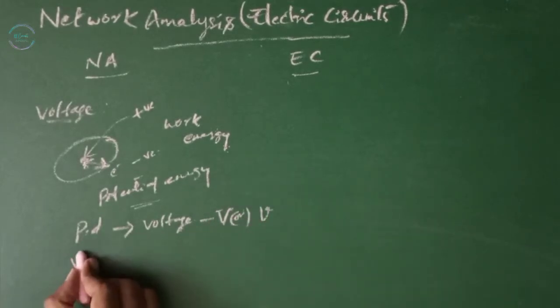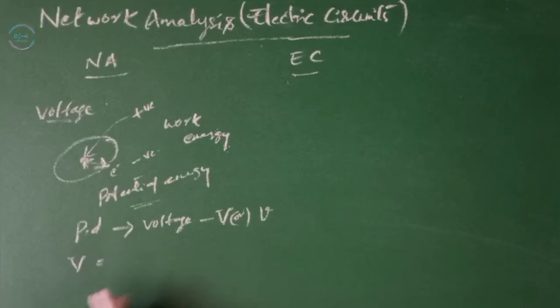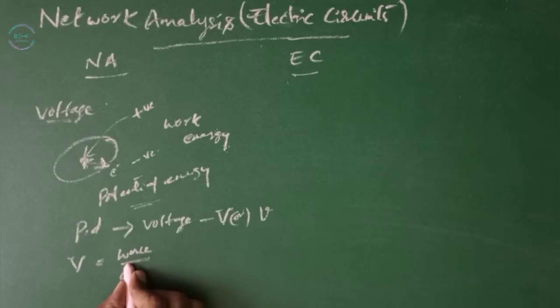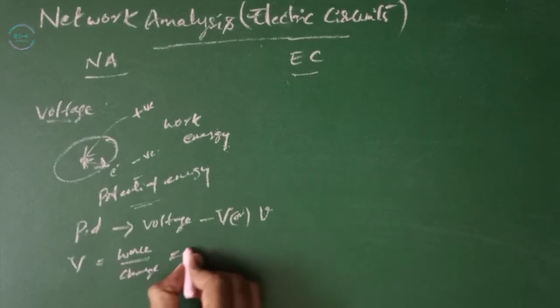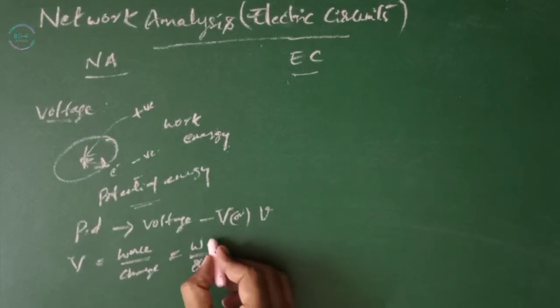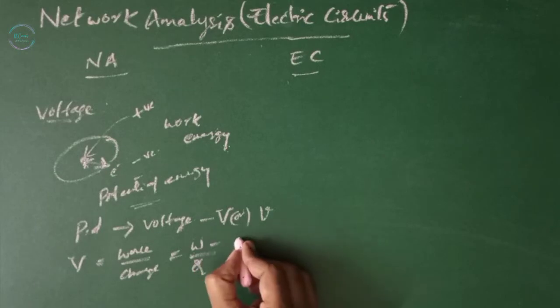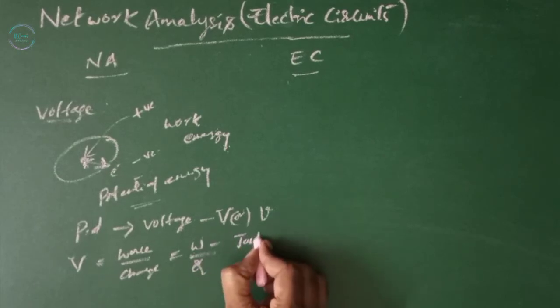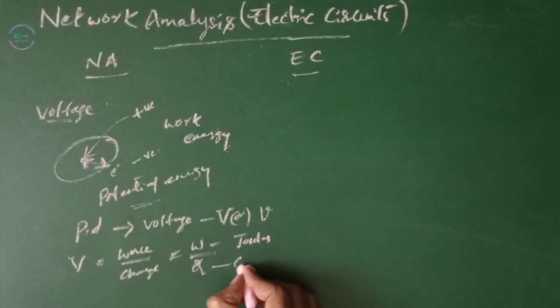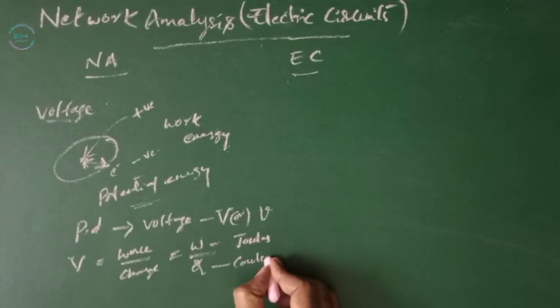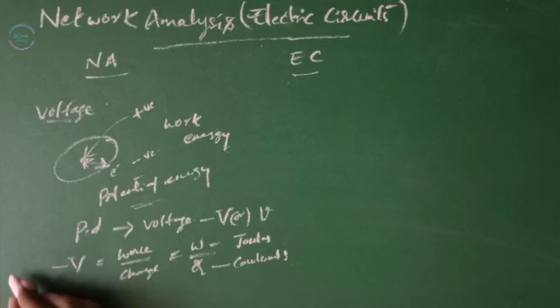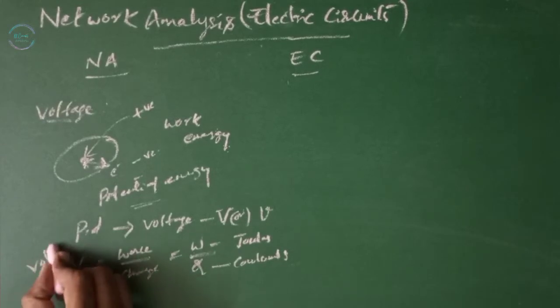Voltage is given by work per charge, that is W by Q. The unit of work is joules, the unit of charge is coulombs, and the unit of voltage is volts.